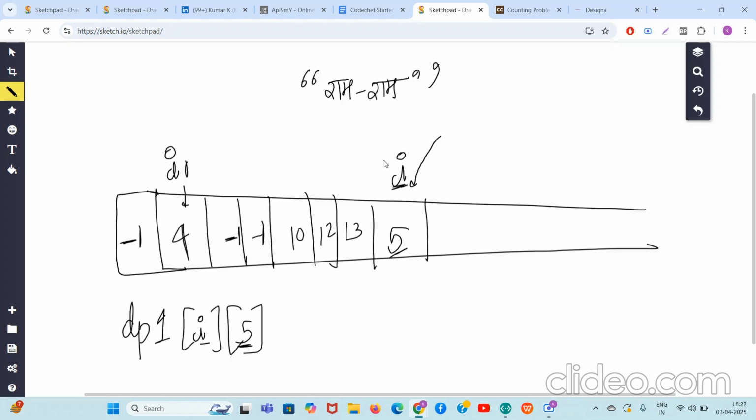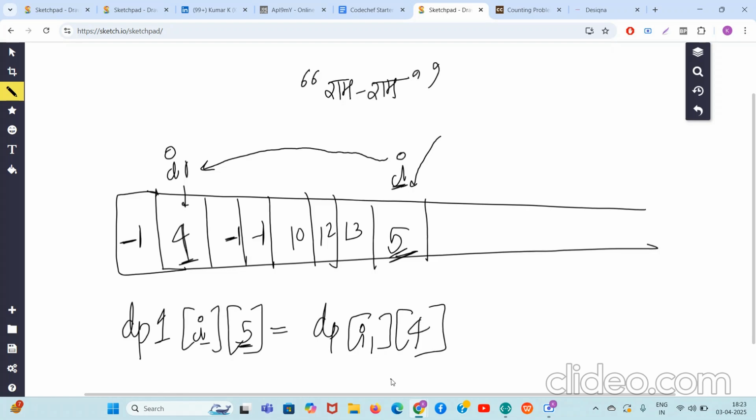Well, those sequences can get birth by the second last element of the sequence. If the last element is 5, the second last needs to be smaller than 5, right? So this will be nothing but dp I-1 4. dp I-1 4 means all the sequences which end at index I-1, and the number at index I-1 is 4.